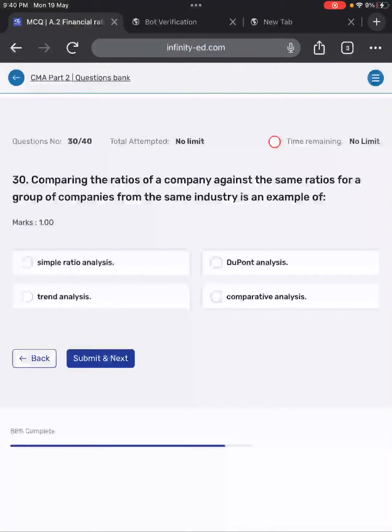Okay, now in question number 430, comparing the ratio of the company against the same ratio for a group of companies in the same industry is an example of comparative analysis.